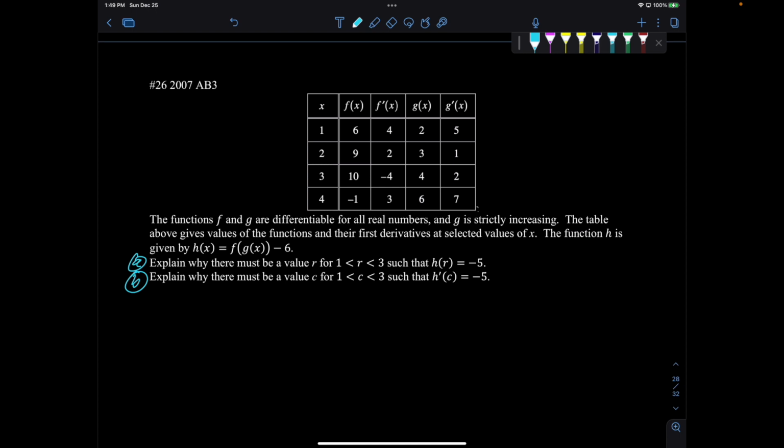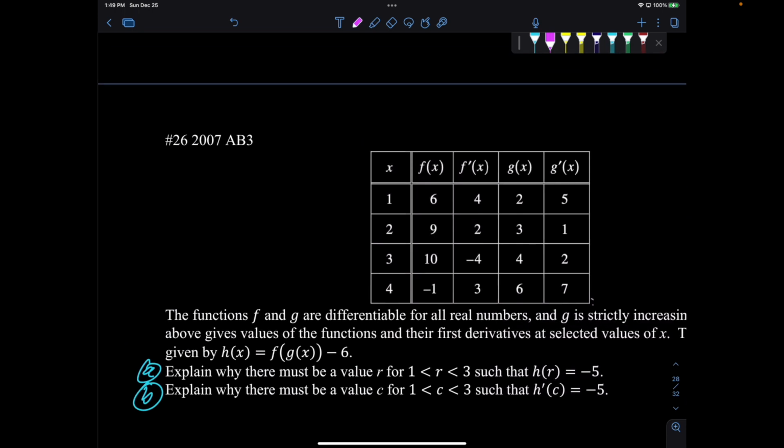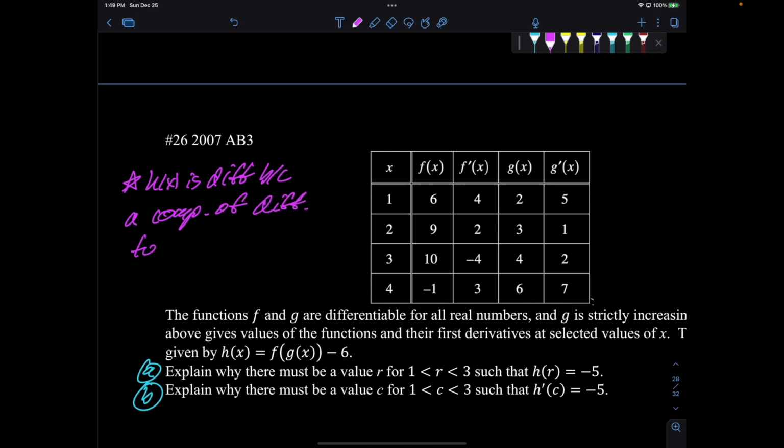So here's a fact that you are just going to state. You do not need to prove it. It is true. h of x is differentiable because a composition of differentiable functions is differentiable, and differentiable implies continuous.